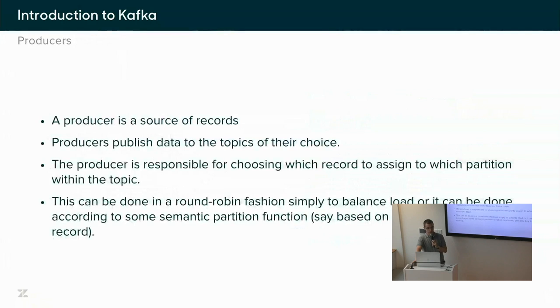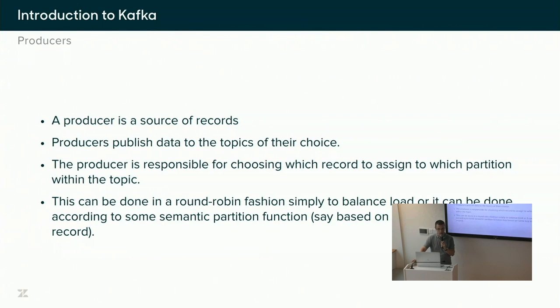And the producer is the source of the records. This is, in your application, something that just emits events or messages or whatever you want. You publish data to the topics of your choice. The producer has the responsibility of choosing which record to assign to which partition. This is done by default in a round-robin fashion.